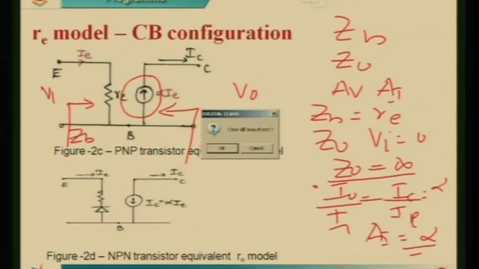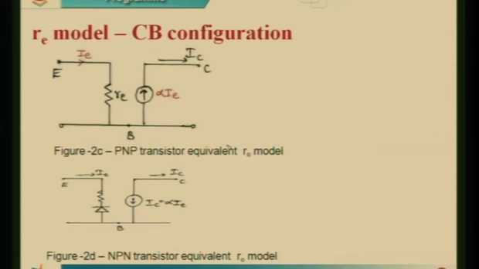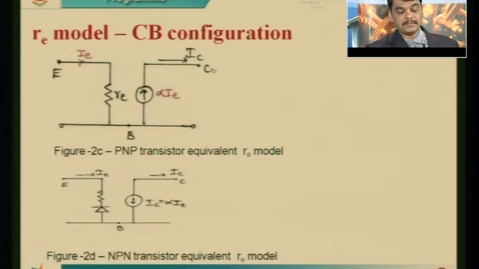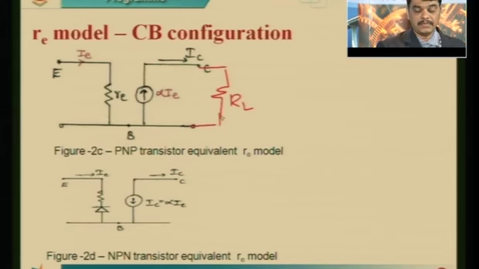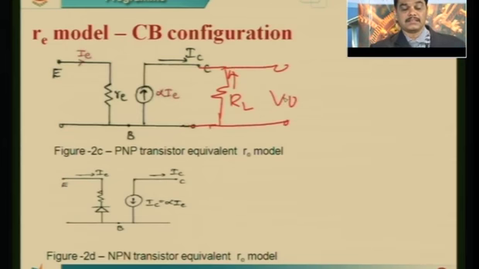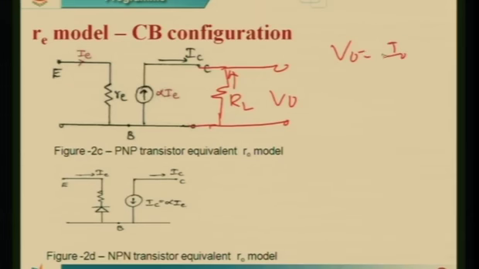To determine the voltage gain of the transistor, the collector base junction is otherwise open circuited, so you have to connect a load resistance RL here, and the current flows up from the base to the collector. The output is taken across the collector base junction, where V0 equals minus I0 times RL.